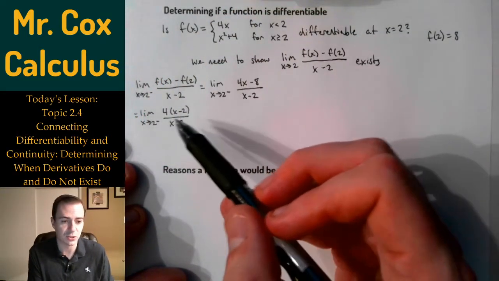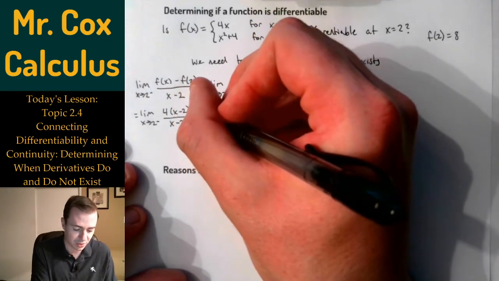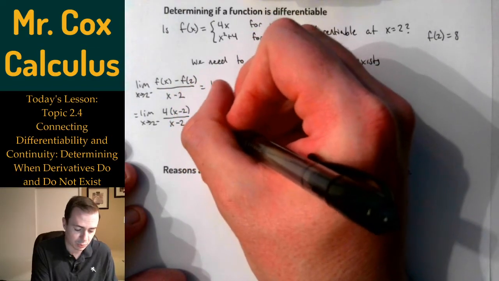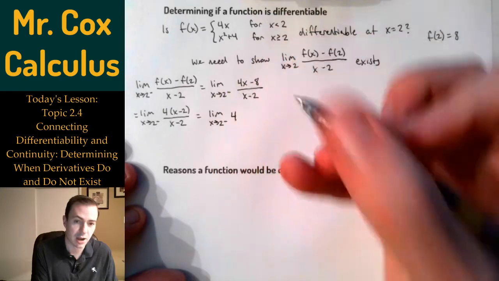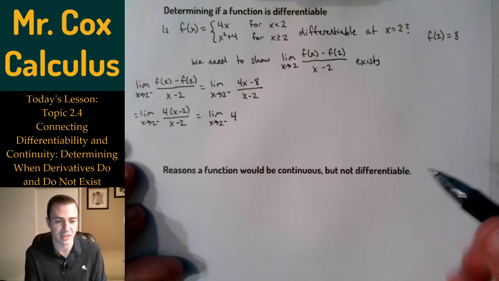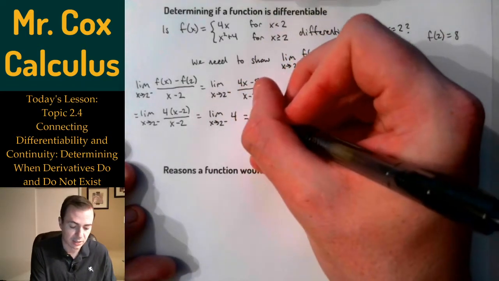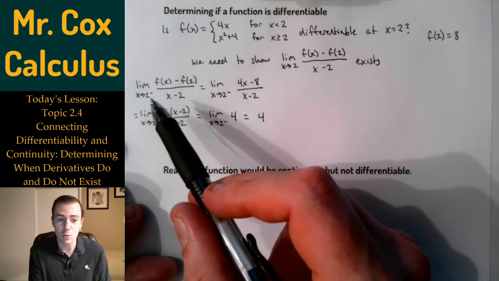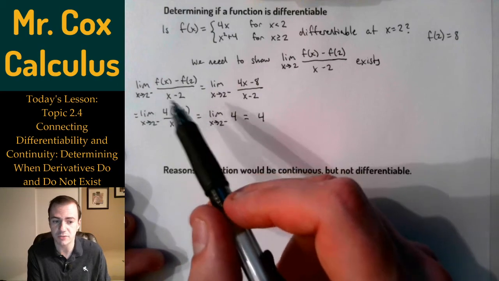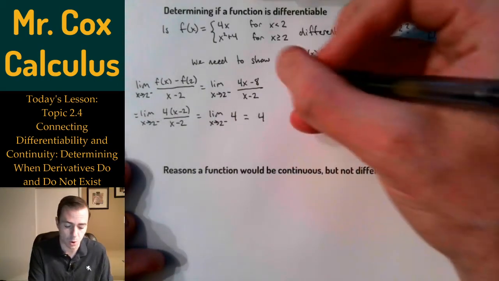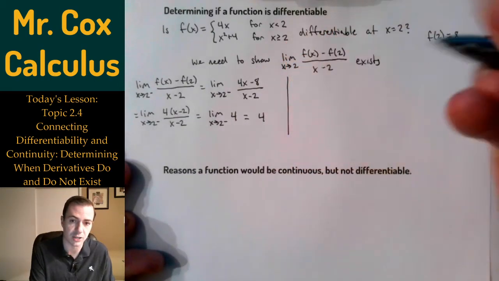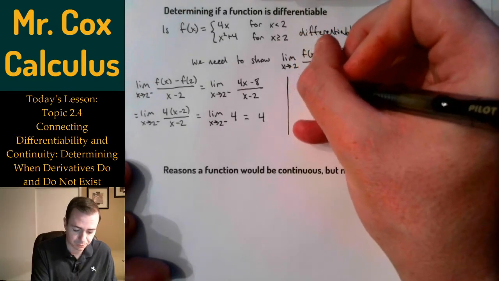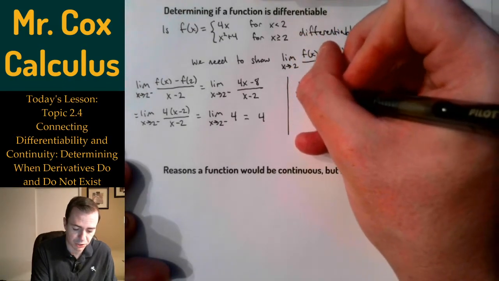And the x minus 2's will divide out. So this is the limit as x approaches 2 from below of 4, and we know that the limit as x approaches any value of a constant is equal to the constant. So the left-hand limit here, in other words, the rate of change as we approach it from the left, is equal to 4.